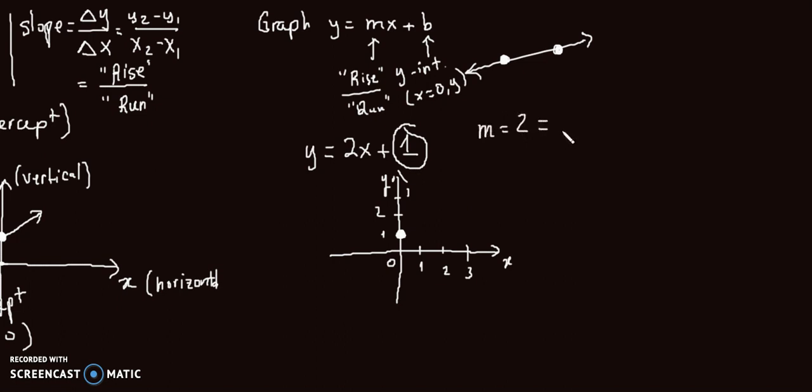The definition is rise over run, so I can express my number 2 as a ratio, 2 divided by 1. That means from this point, to find another point, I move up 2, 1, 2, and then I move to the right 1 unit. So this would be my second point. And then the line that crosses through these 2 points would be my graph of y equal to 2x plus 1.